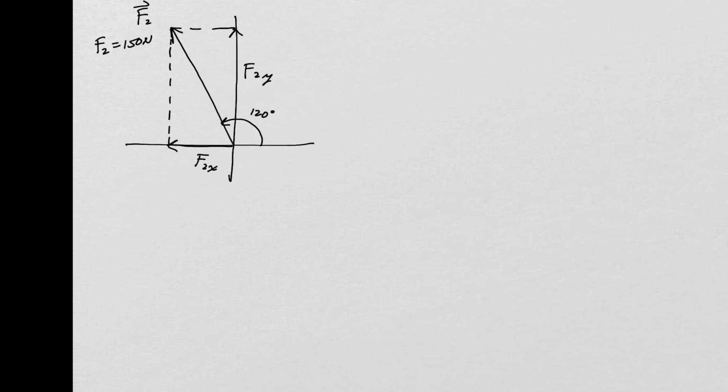Okay, again, you guys have choices here. You could use the 120 degrees directly, right? And you could just say F2x is going to be F2, the magnitude of F2, times cosine of the angle, cosine of 120. And that'll give you the correct answer with the correct sign. So if you understand that, maybe that is the easiest way to do it.